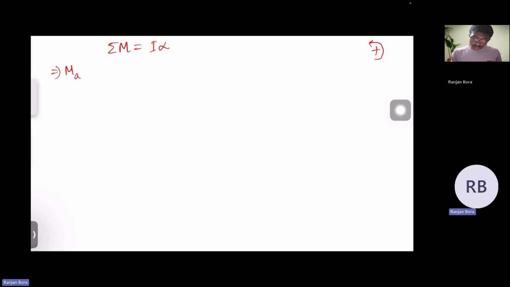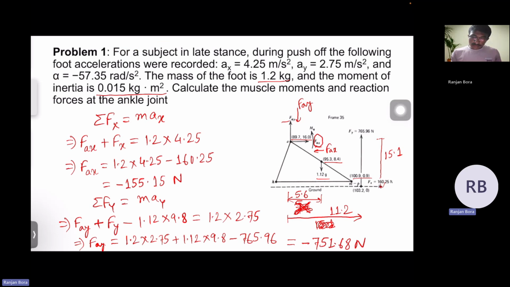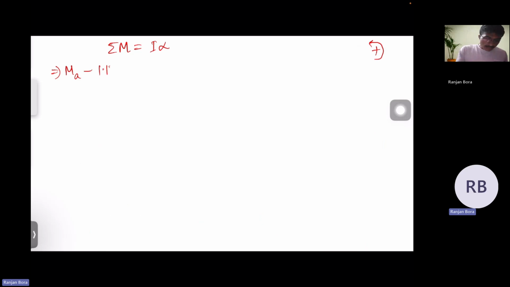And moment due to the weight of the foot, 1.12 G, is in the clockwise direction, so it will be minus 1.12 into 9.8 into distance 5.6. It is in centimeter, so we need to convert it into meter, 0.056.